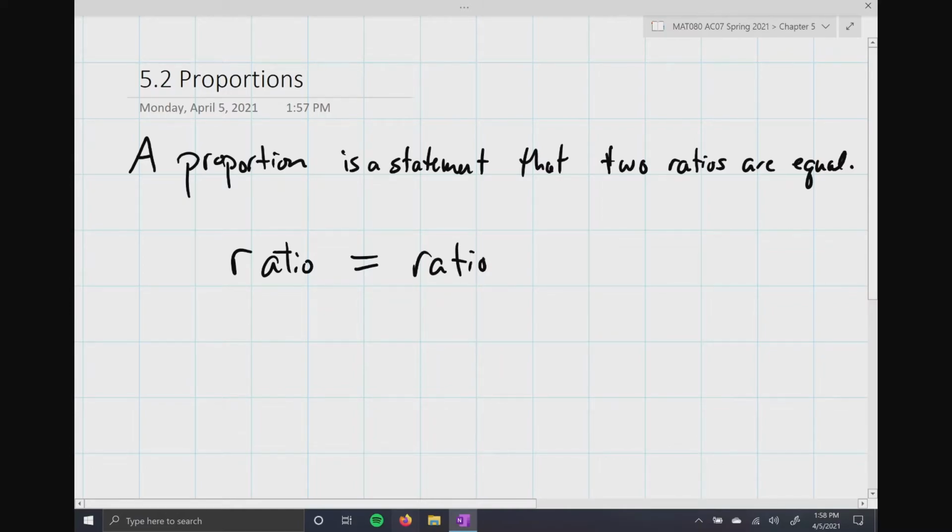All right? Now, there's a lot that's happening here. First, if a proportion is a statement that demonstrates that two ratios are equal to each other, then that also implies that the units have to equal the units also.